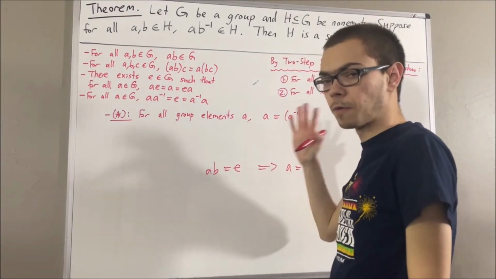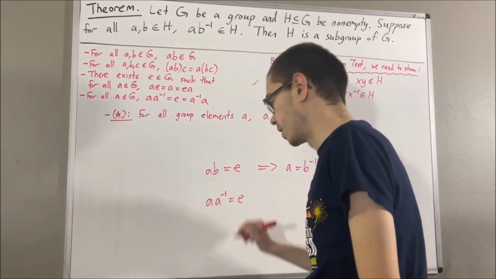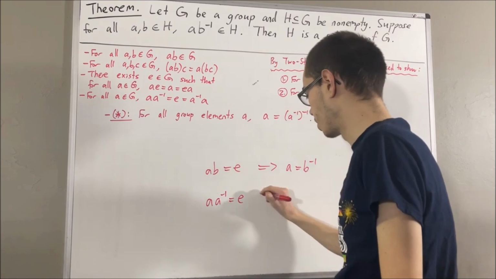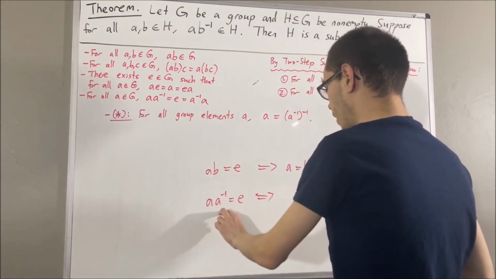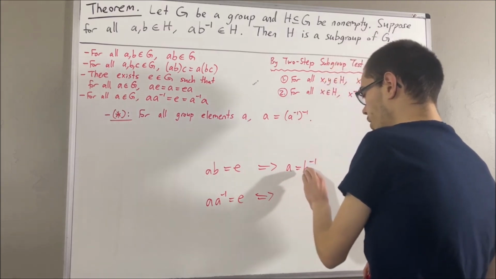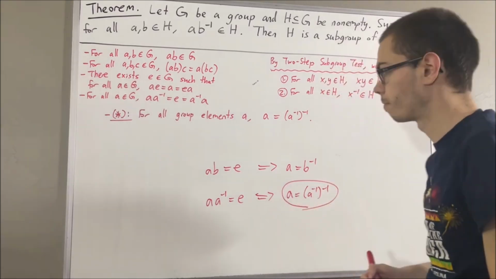So in particular, from the definition of inverse, we know that a times the inverse of a is equal to the identity. So then that means if we take a to be a and b to be the inverse of a, well then a is equal to the inverse of the inverse of a. And that's exactly what we want.